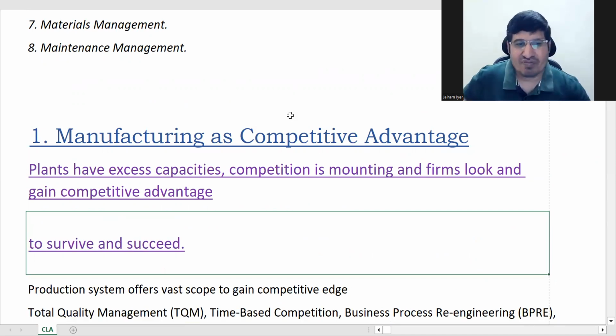It means that earlier, as I said, whatever raw material came, the plant would just produce it and send it to the godown. It was like that.